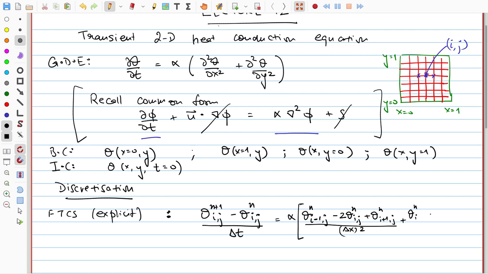Similarly, for calculating the derivative in the y direction, we need one point above and one point below.